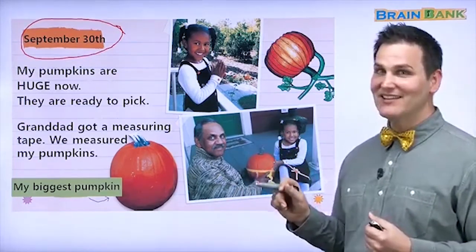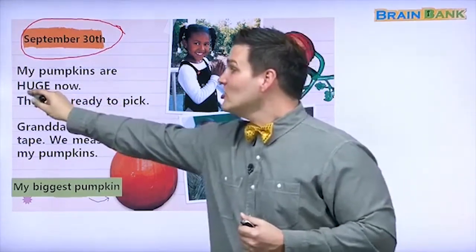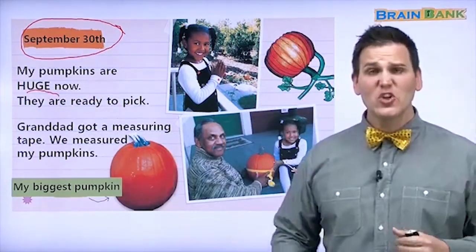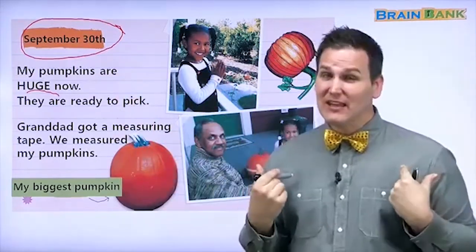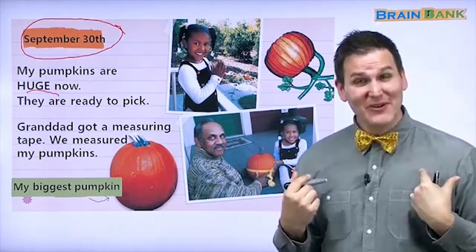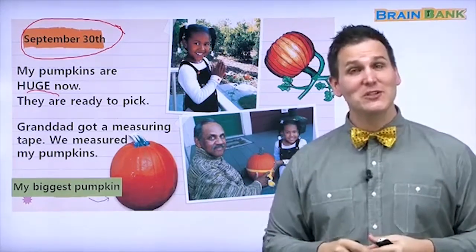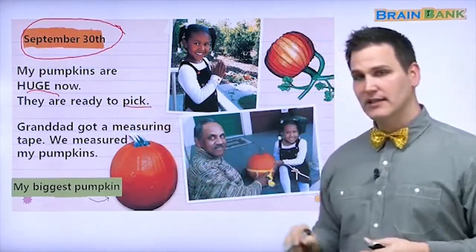Let's read this diary. My pumpkins are huge now. Huge. Very big. Bigger than me? Not yet, but very big. That is what huge means. They are ready to pick.